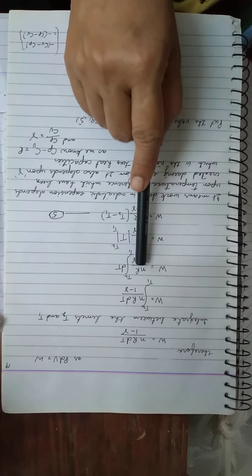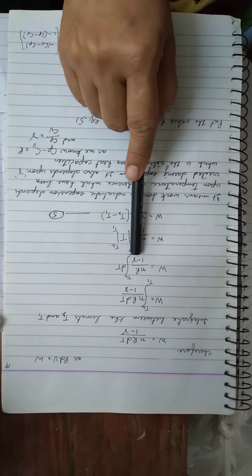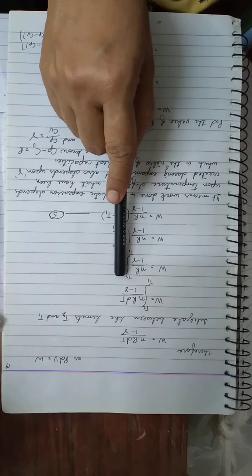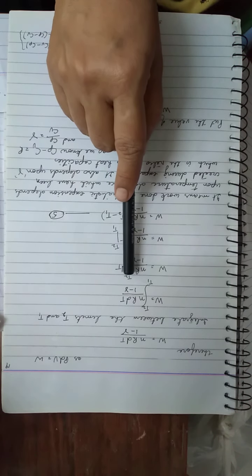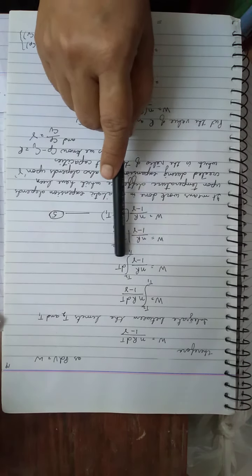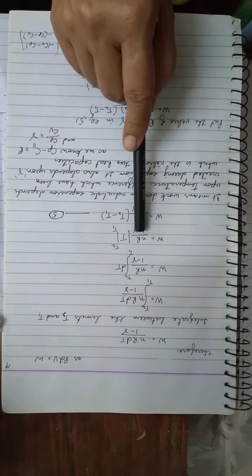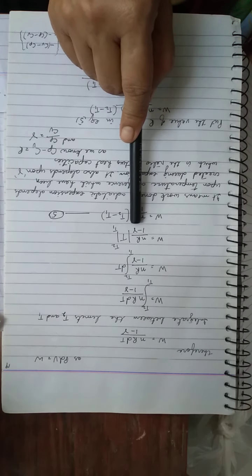W is equal to nR divided by 1 minus gamma into dT within the limits of T1 and T2. Now solve this integration with the limits. W is equal to nR by 1 minus gamma.